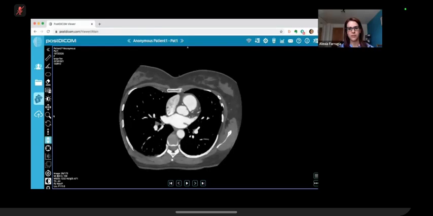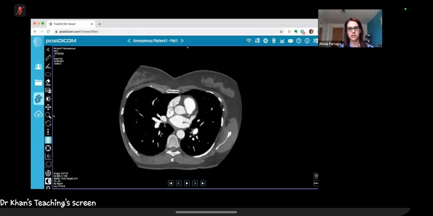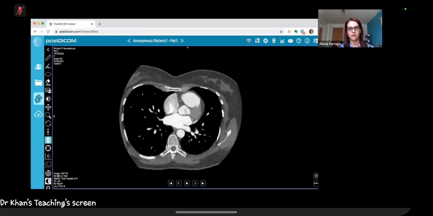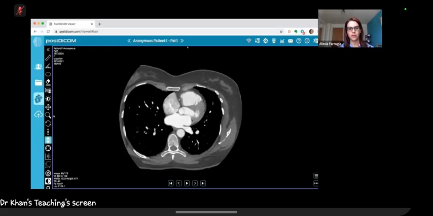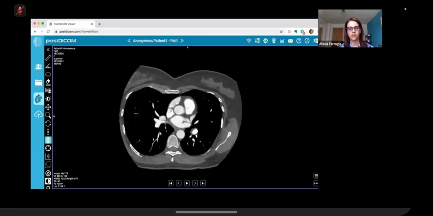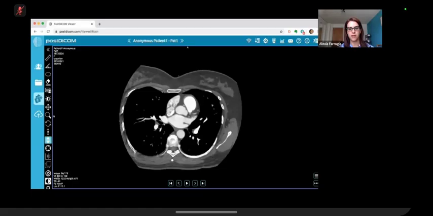And it can get easily compressed. As you can imagine, there's a very small space there. And it can be easily compressed, which can lead to arrhythmias and sudden death.